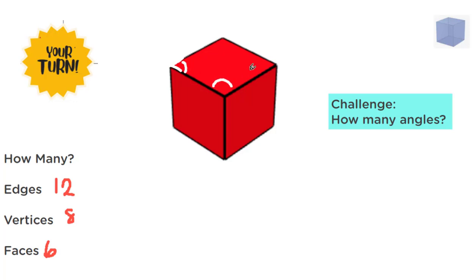So I find 1, 2, 3, 4 on this side. If every face has 4 angles, because you could see this is a cube, then I can just multiply 6 times 4, which is 24. So there's 24 angles on this cube.